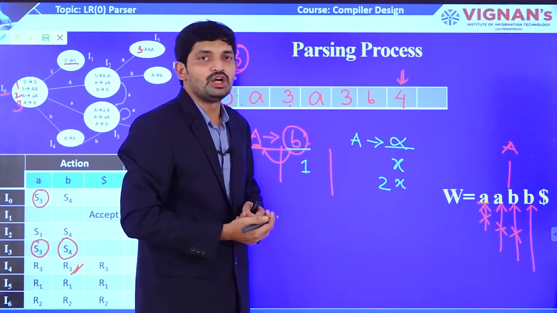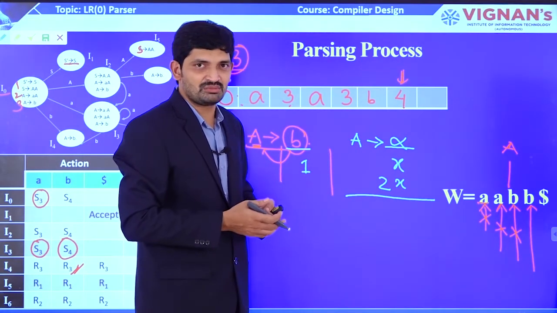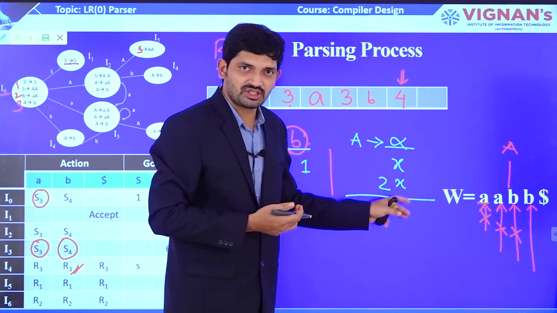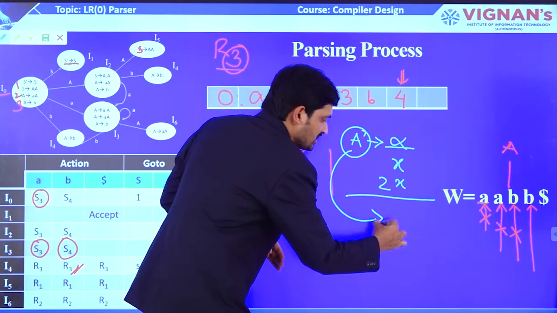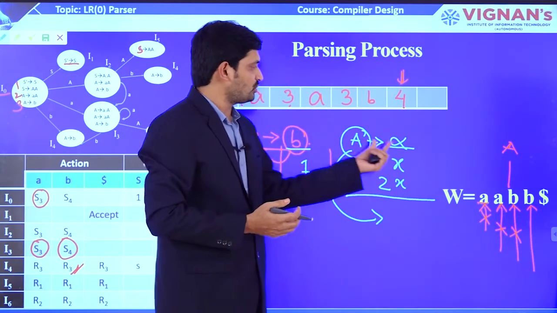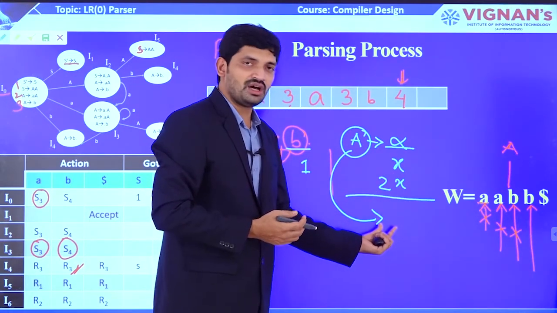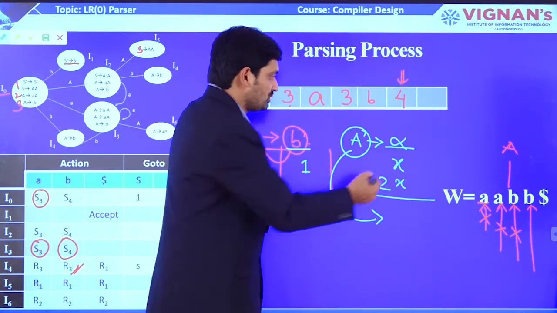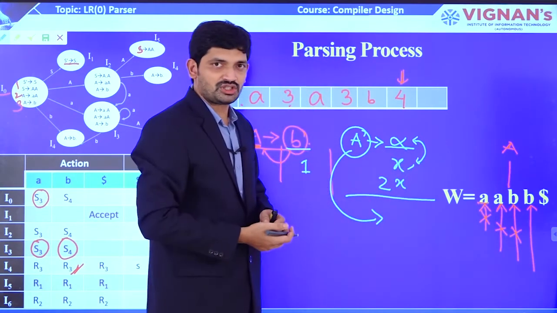After popping the 2X symbols from the stack, we have to push the left hand side symbol onto the stack. Is it clear? First we pop the 2X symbols from the stack and then push capital A, the left hand side symbol, onto the stack. Here X is the total number of symbols on the right hand side of the production.